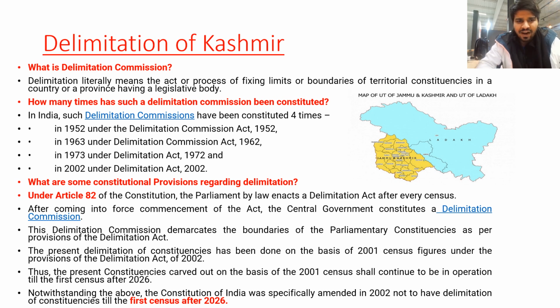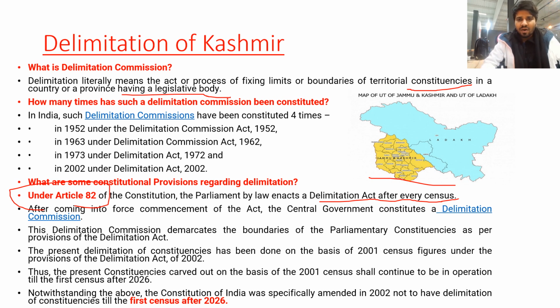It is also given in Article 82 of the Indian Constitution, right? The Parliament by law enacts a Delimitation Act after every census. The meaning of delimitation I already told: it literally means the process of fixing limits or boundaries of territorial constituencies in a country or a province having a legislative body, right?